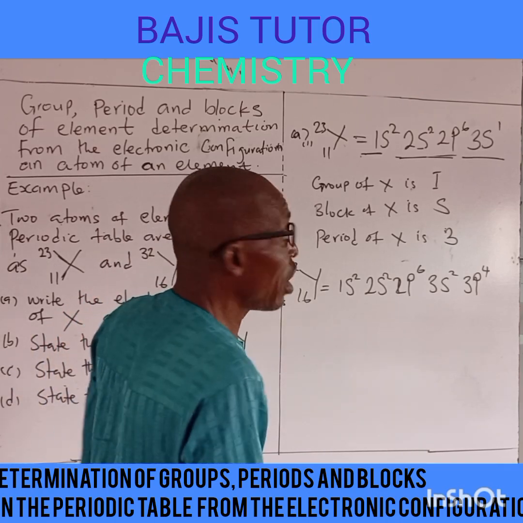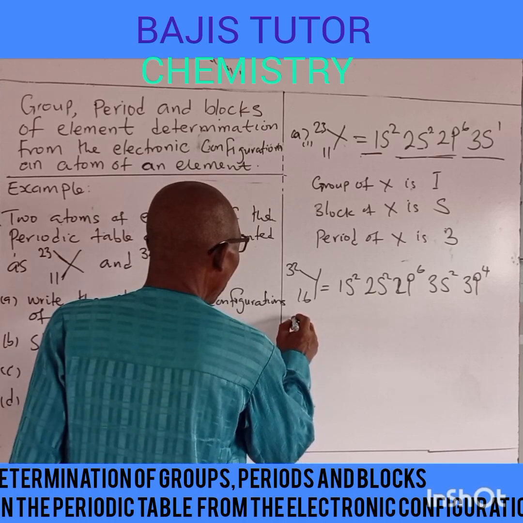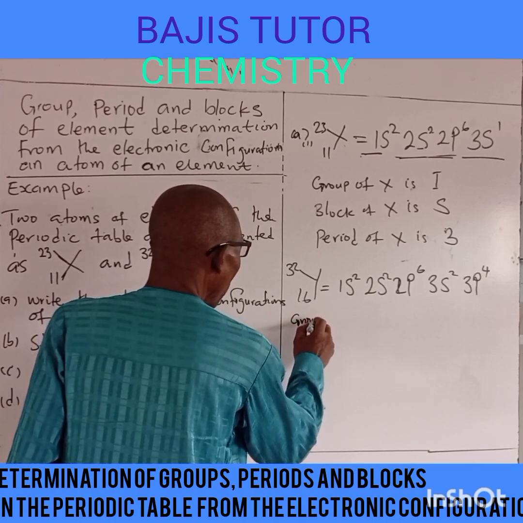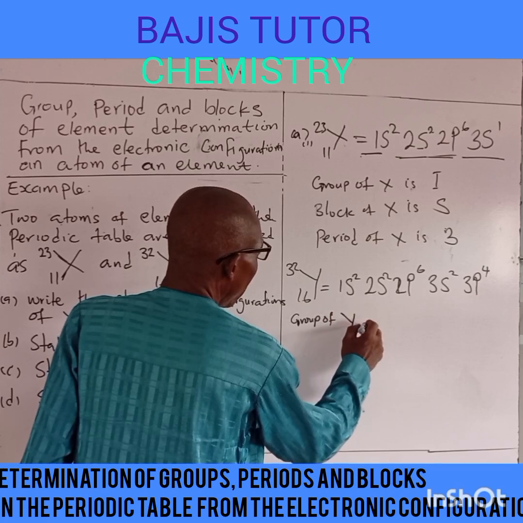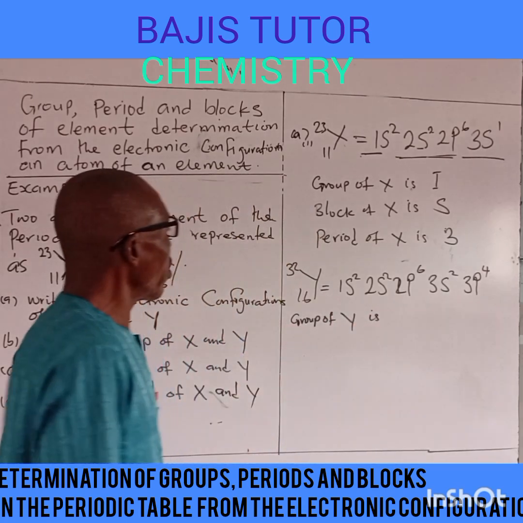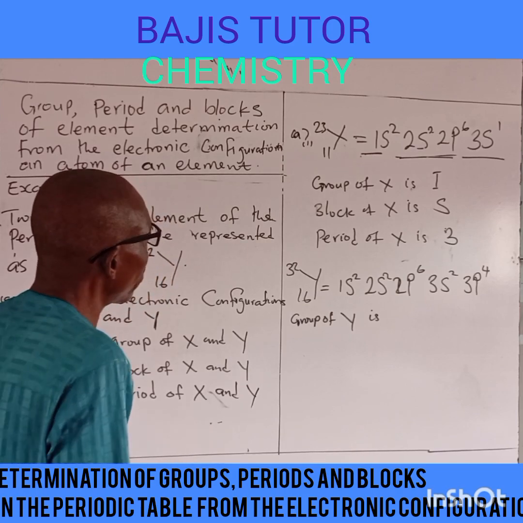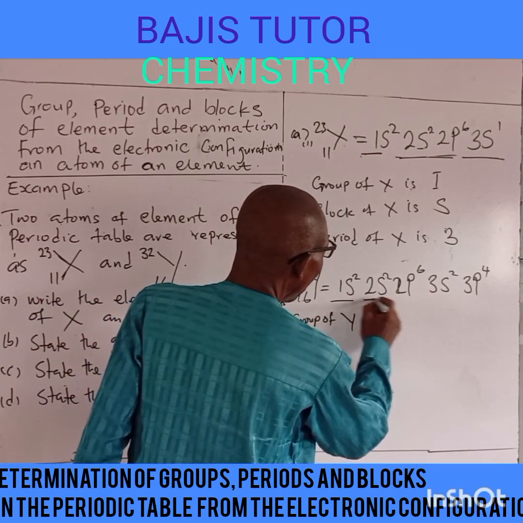Now let's quickly state the group. The group of Y is the group. Let's just check the last shell: the first shell, second main shell, and the third main shell.